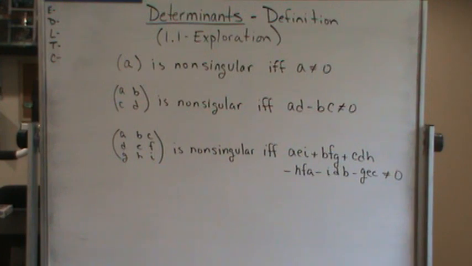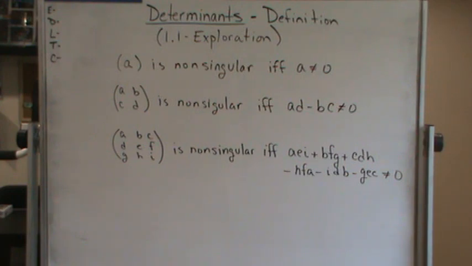So this will suggest a plan. What we'll do is we'll look for a family of determinant formulas that are unaffected by row operations and such that the determinant of an echelon form matrix is the product of its diagonal entries. Okay?